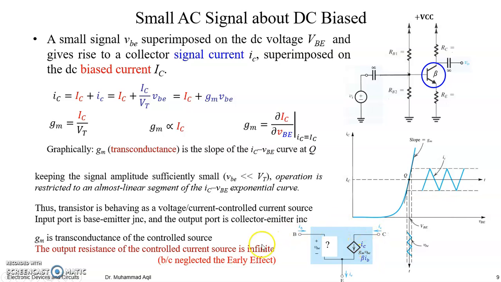Why? Because we have neglected the Early effect. So it means we took the ideal case for the collector to base relation. That's why we actually come to the point at which we have a small signal model of this transistor in the form of an ideal collector current source, right?